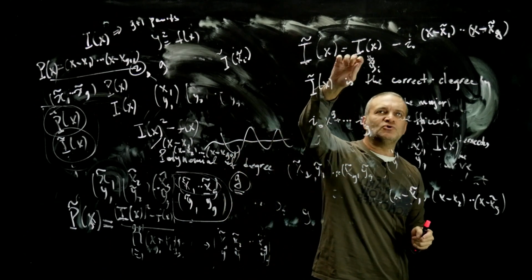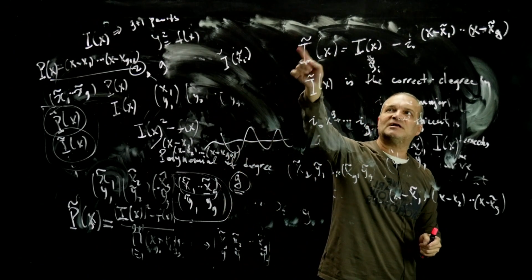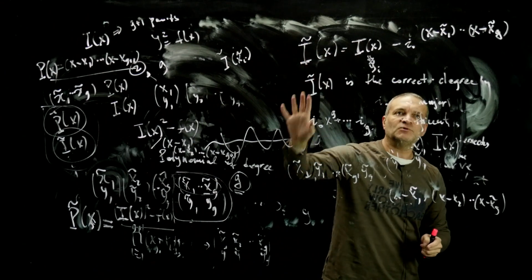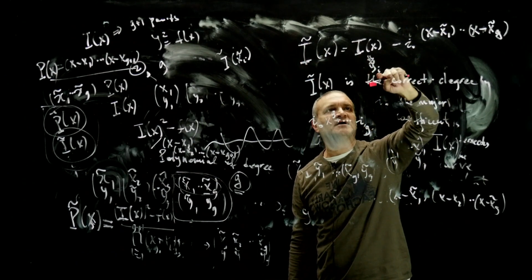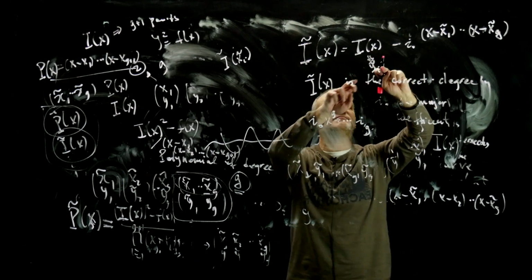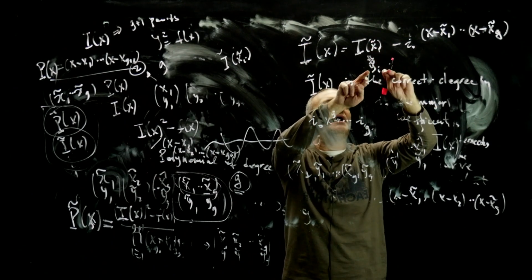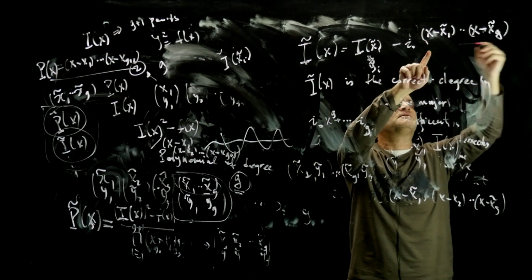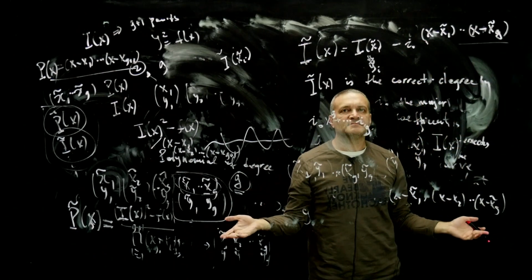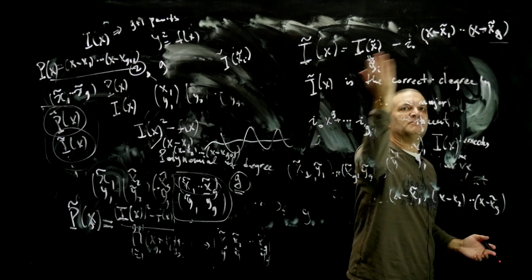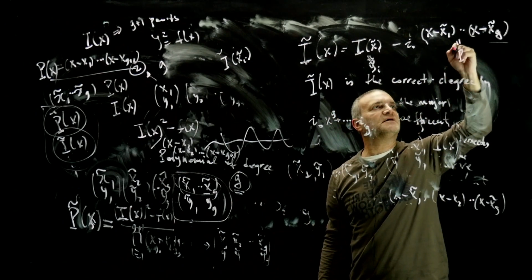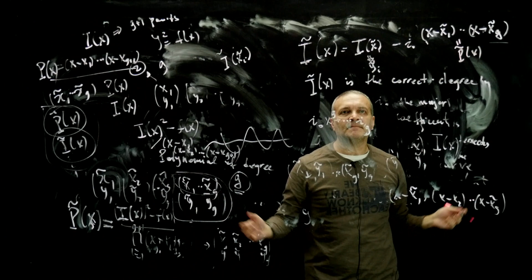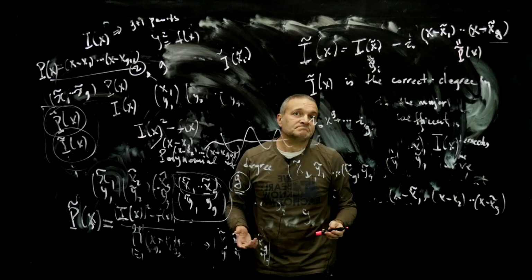So I want to make a slight modification to I tilde x, but we will talk about this in a moment. When I substitute xi tilde here, I'm going to get yi tilde, but here I'm getting 0, because the roots of this polynomial are exactly what I need. Now this guy is exactly p tilde x. I'm done. That's it.